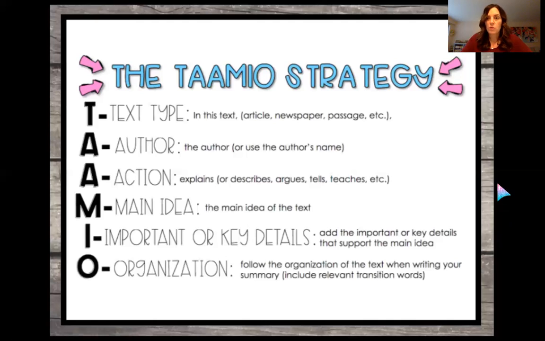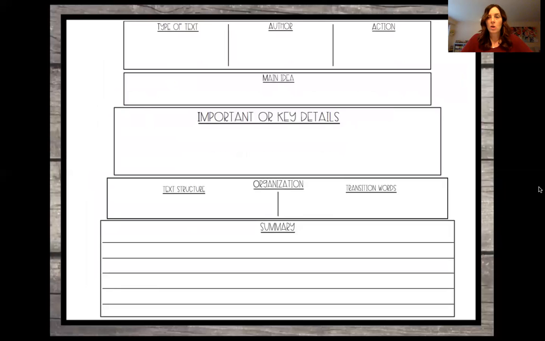So we're going to use this graphic organizer to put all of our information together, and then I'm going to show you how to turn it into a summary. So we'll start off with the type of text. Our potato chip article was an article, so I'm going to put article and the title, Potato Chips. The author, I don't know who the author was, so I'm just going to write the author. The action is that it explains.